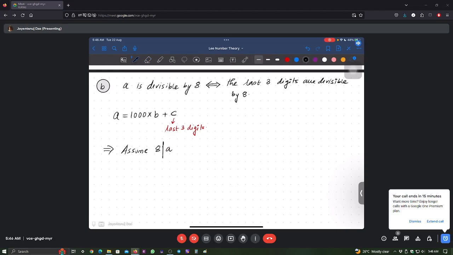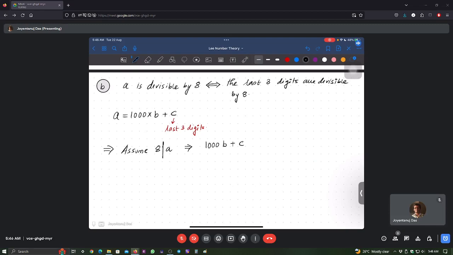Then what we have is 1000B plus C, which is 0 modulo 8. Then 1000B gets eliminated because 1000 is divisible by 8, so it is 0 mod 8. So this implies that 8 must divide C.